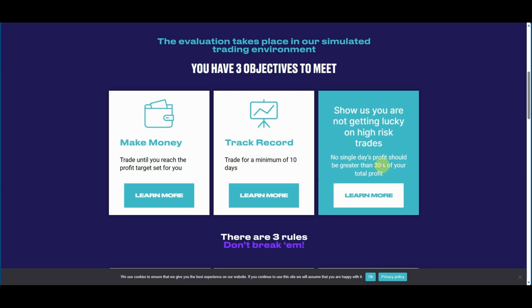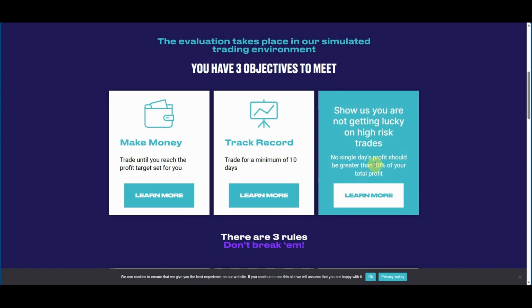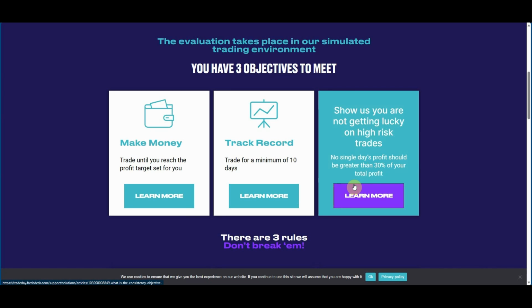So that's how they structure their consistency rule, and basically it incentivizes you to close out your trades on or before hitting that 30% of the total profit, which at $1,000, for example, that would be $300. You don't want to go over it because you're going to have to beat your original profit target.